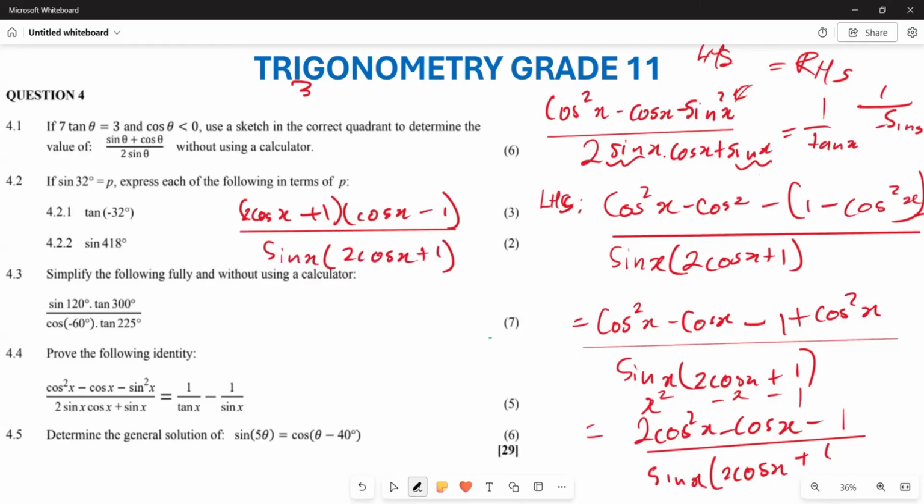And now from here, can you see that these brackets and these brackets are one and the same thing? So they are going to cancel each other, and you're going to have only cos x, subtract 1.